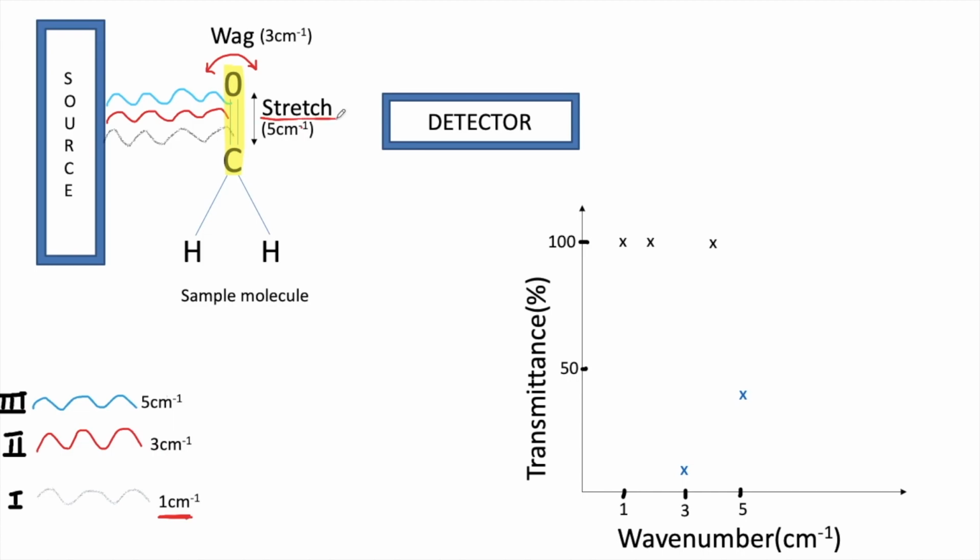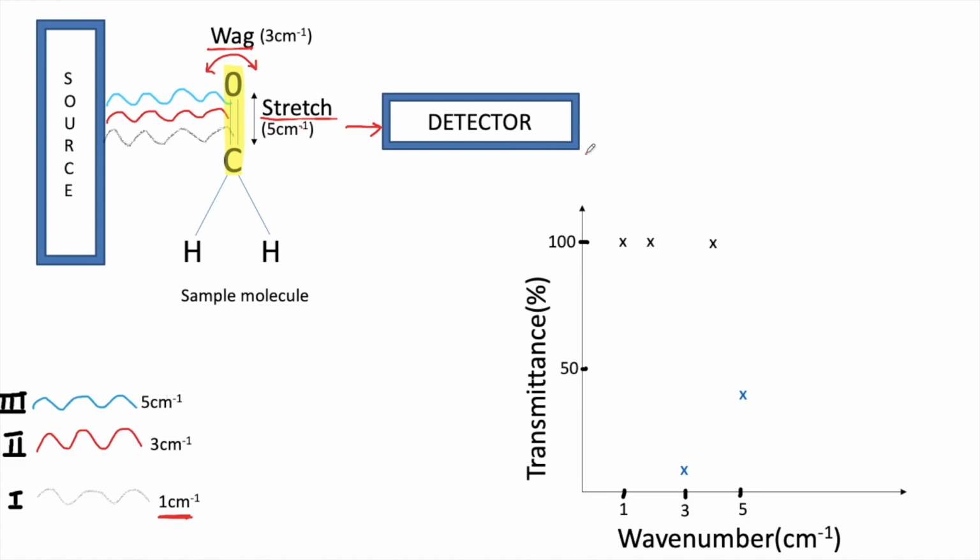It's neither equal to the stretching vibrations, nor to the wagging vibrations. So no absorption will happen, and as a result, the whole amount of the light will pass through the molecule and will reach the detector. And the detector will say, yes, I have detected this radiation.